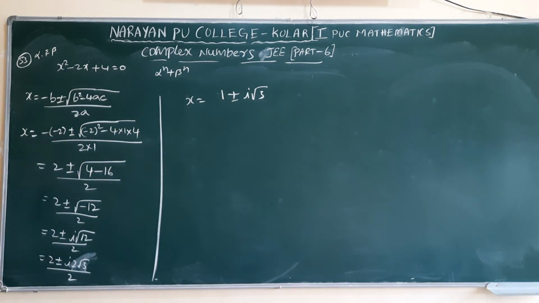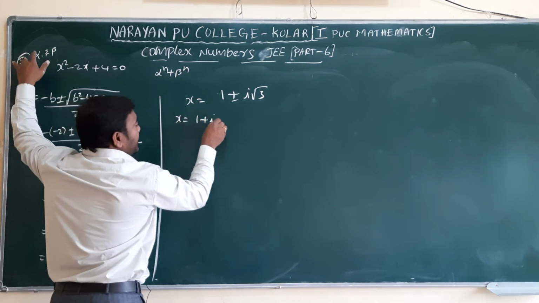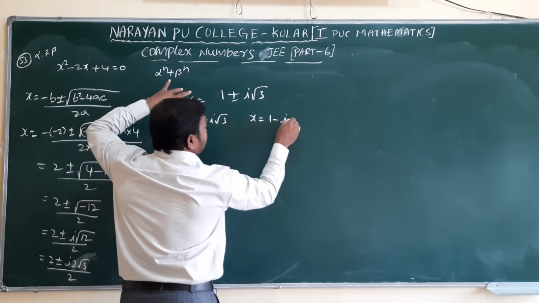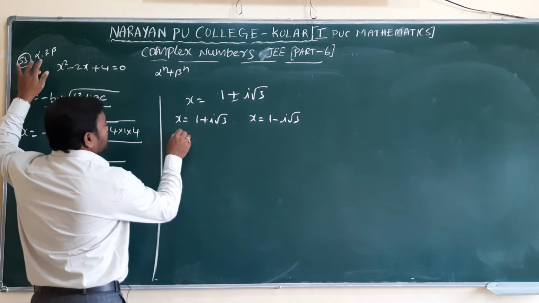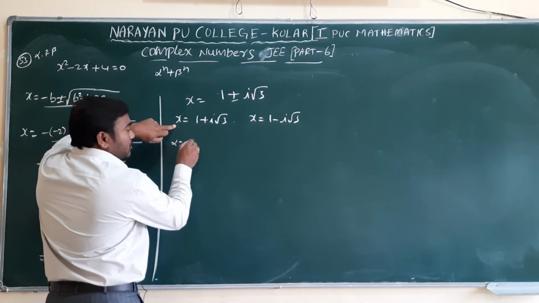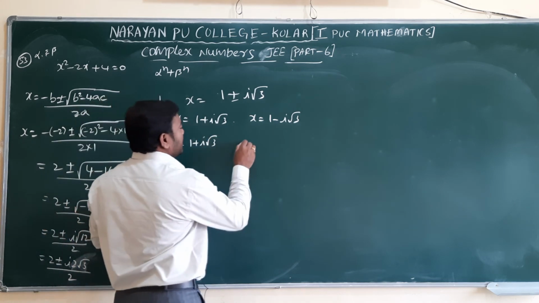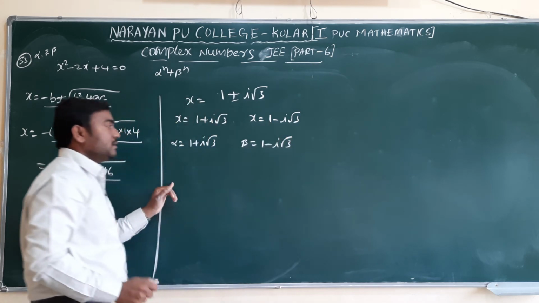Now they have given alpha and beta are the roots of this equation. We have taken the two values: x is equal to 1 plus i root 3 and x is equal to 1 minus i root 3. Now alpha is equal to 1 plus i root 3 and beta is equal to 1 minus i root 3.